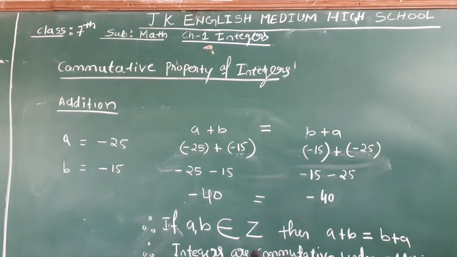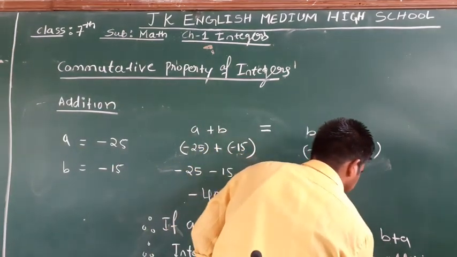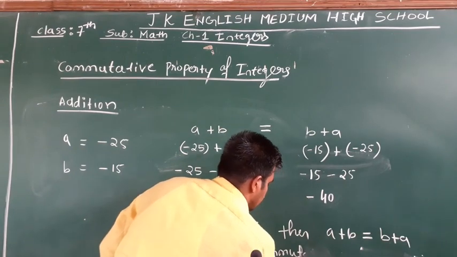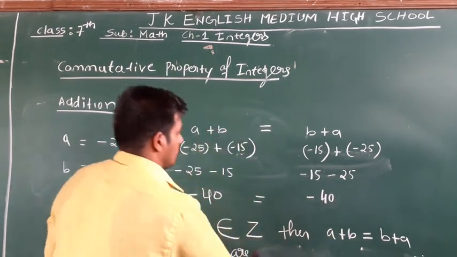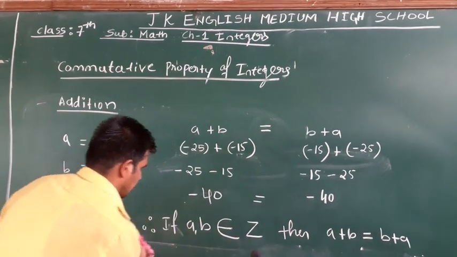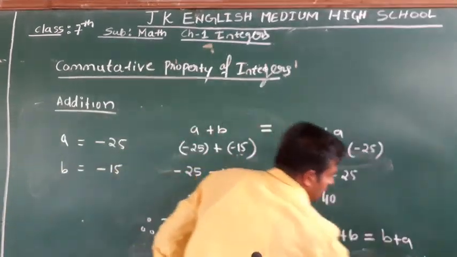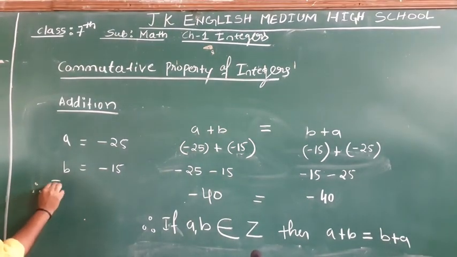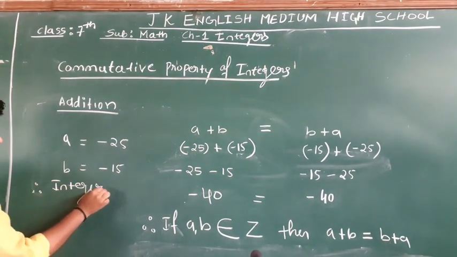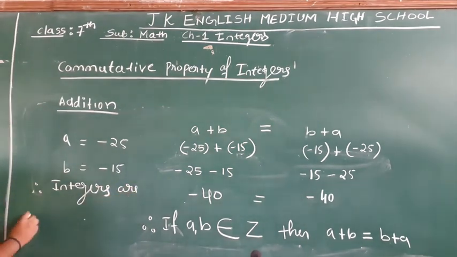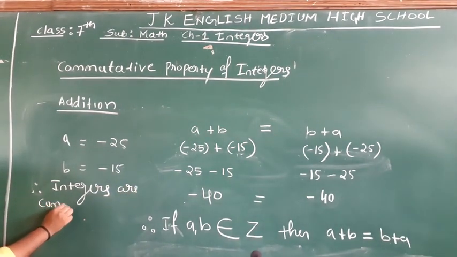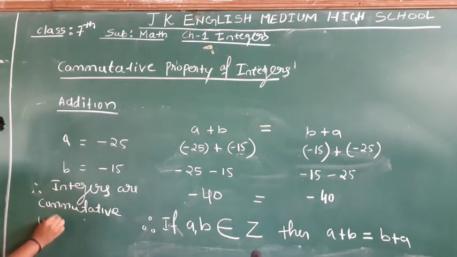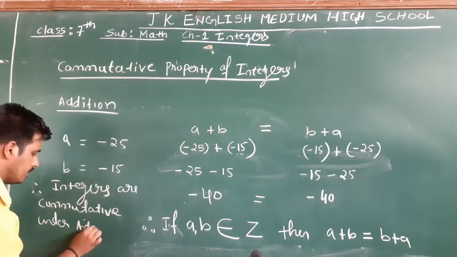Sorry, it's not visible. I'll write it here. Okay, it is not visible on the screen. Integers are commutative under addition.